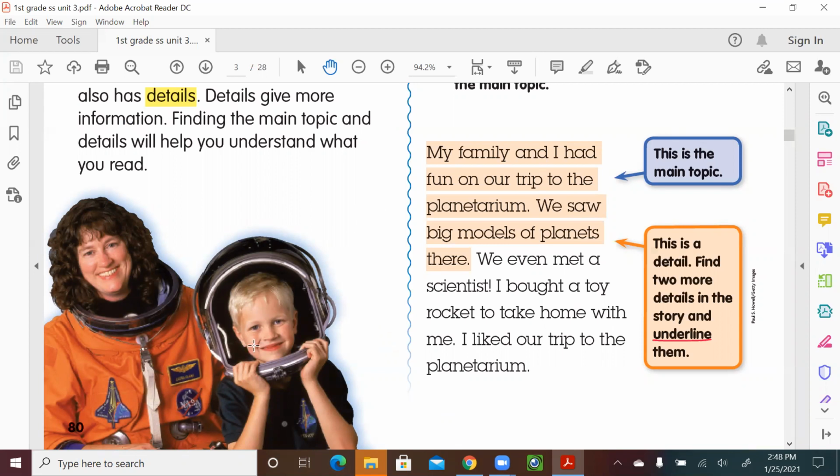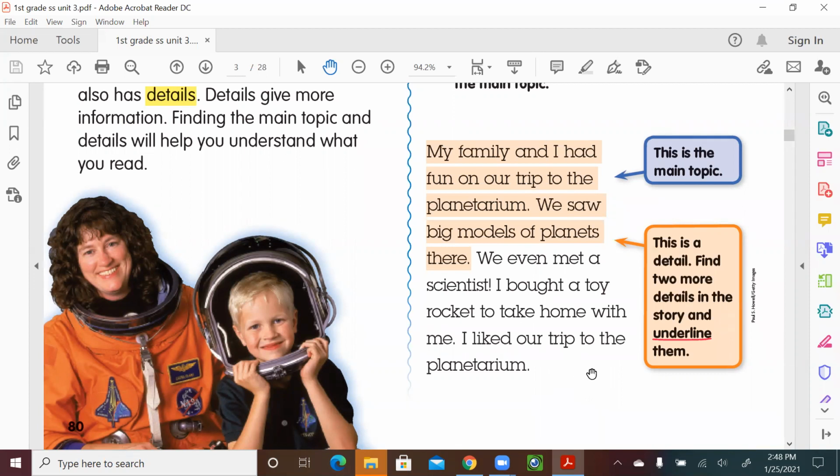So the family went for a trip to the planetarium, and let's read one more time. Here, we're looking for the main topic, and then we're going to see details. So my family and I had fun on our trip to the planetarium. We saw big models of planets there. So that's the main topic. We even met a scientist. I bought a toy rocket to take home with me.